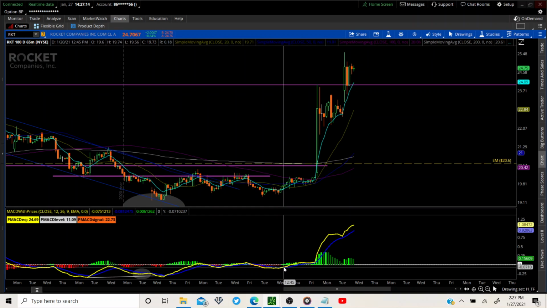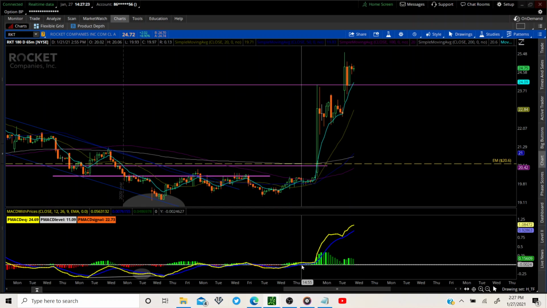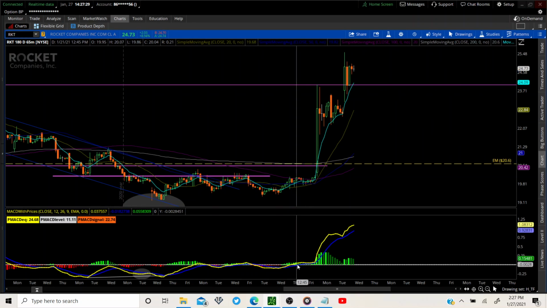As soon as we cross over the blue, that's when the green bars start to show, and that's just giving you another visual, another optical to show that the line is above the blue, the moving average.